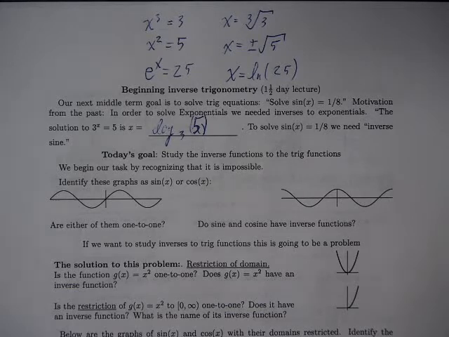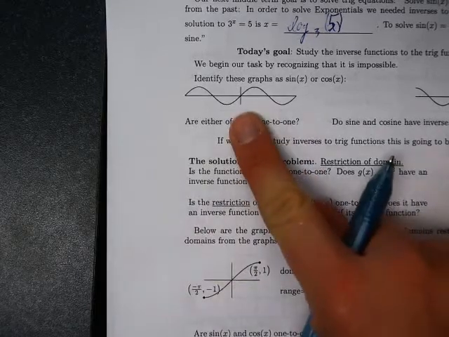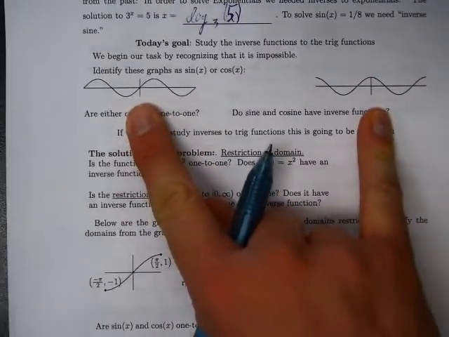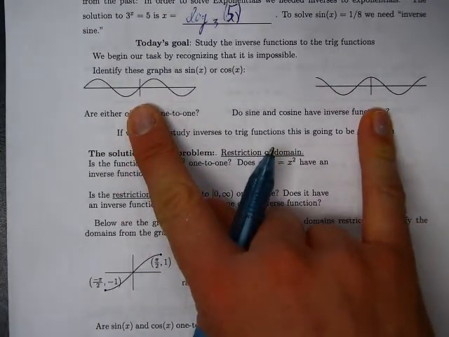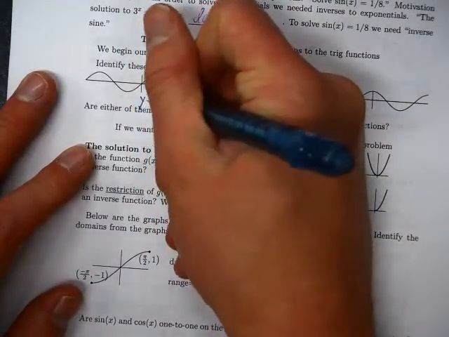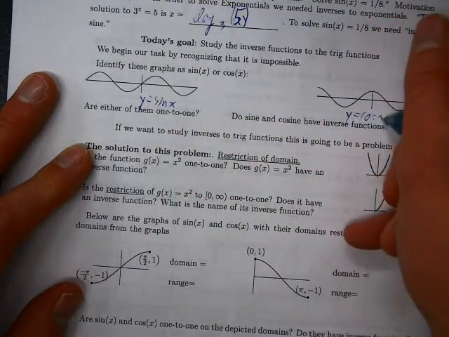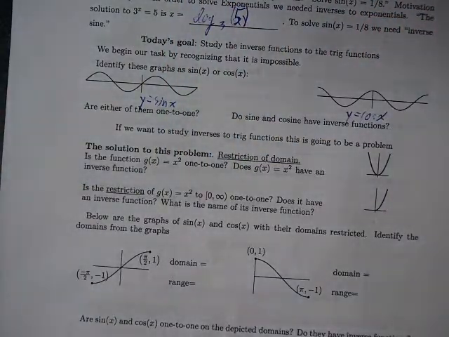And first, let's start by seeing that there's something silly in what I'm trying to do. One of those is sine and one of those is cosine. Which one is sine, which one's cosine? That one's sine? So it goes through 0, 0. Do those two functions pass the horizontal line test?